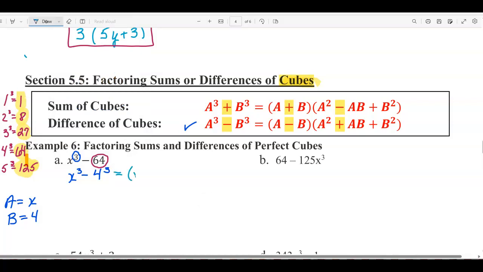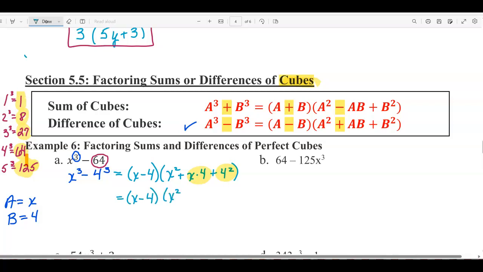Well, my a is x minus 4, and a squared, so that's x squared, plus x times 4, plus 4 squared. So this first step here, I directly substituted everything into the equation, and then I just want to go back and I want to ask myself, are there any areas that I can simplify? So I'm going to rewrite this, just simplifying anything that can be.